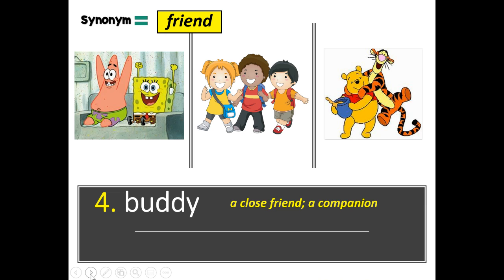So, another word for buddy is friend. So, make sure you write buddy. A buddy is a close friend or companion. So in the second column, you can write friend, because a buddy is a friend. That's a synonym.